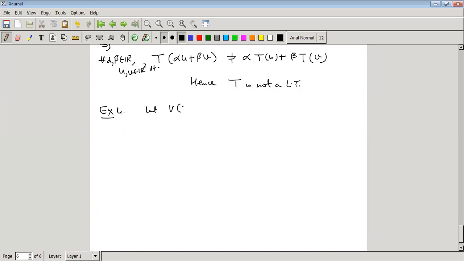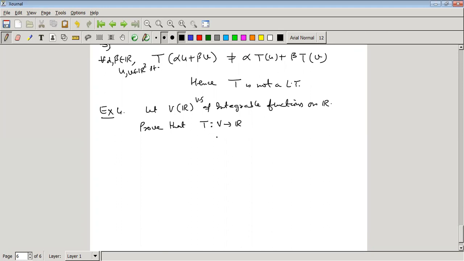Let V be a vector space over the field R of integrable functions on R, right? So this is an integrable function. Prove that T is a mapping from vector space V to R. So it is a linear functional, right?